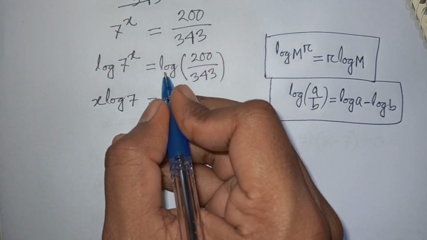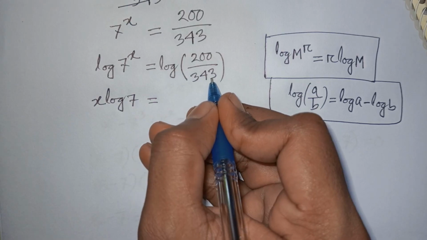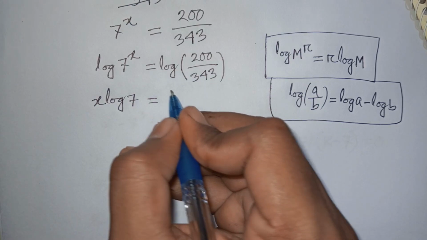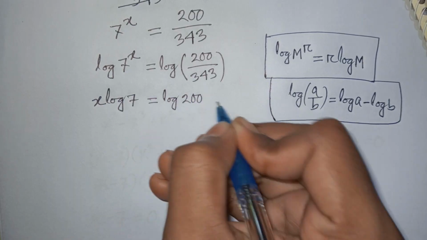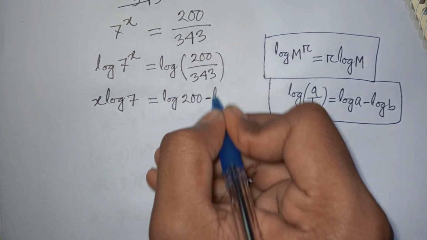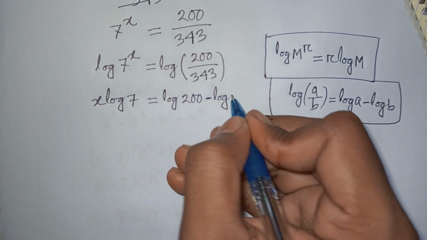So log of 200 over 343 is same as log of 200 minus log of 343.